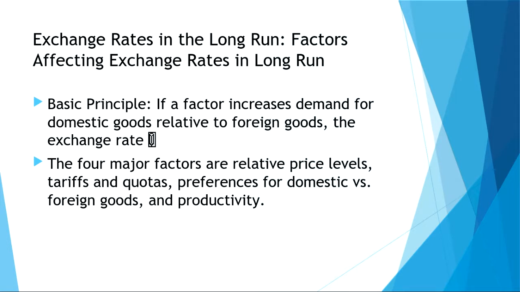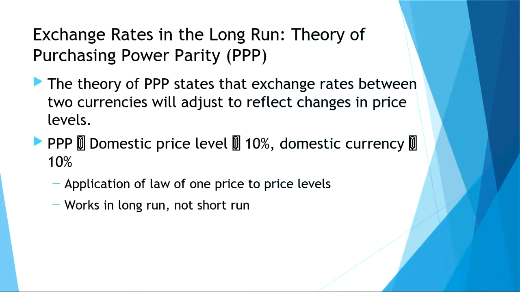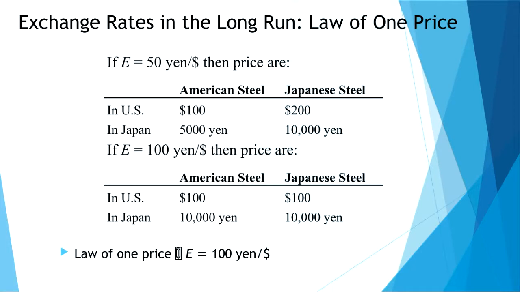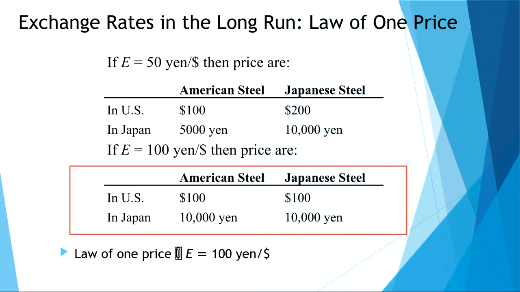Okay, Aytaç, in the previous part, we have Japanese steel and American steel. We know the Japanese steel price and the American steel price. The exchange rates should reflect the equilibrium. If you know the Japanese and American steel prices, let's say in our case $100 and 10,000 yen, let me go back to that slide. In this case, the exchange rate should be 100.